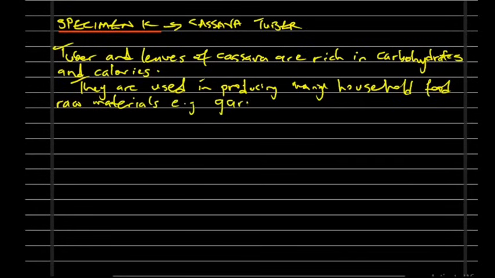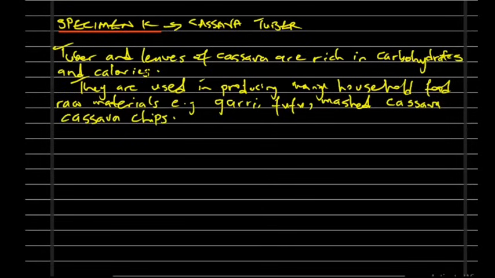E.g. garri. We also have the production of fufu. We have mashed cassava as well, or cassava chips.